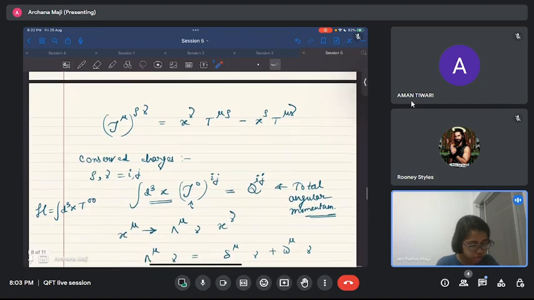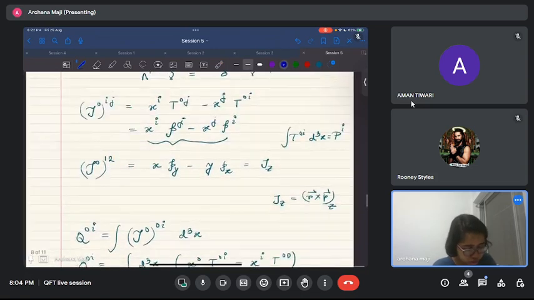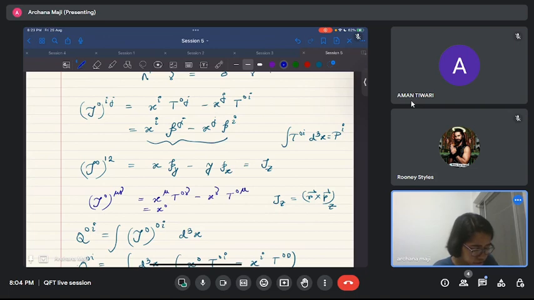So J0 mu nu is basically x mu T0 nu minus x nu T0 mu, and that is nothing but x0 p nu minus x nu p mu. This is what was written in the lecture that you were showing me, but there the indices were a bit confusing, so you can think in this language.